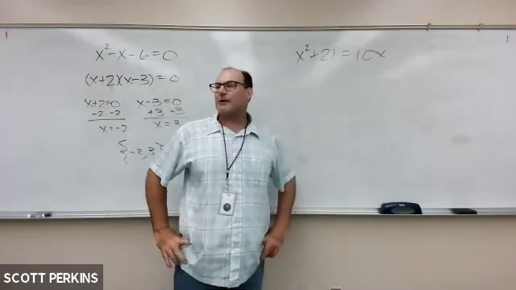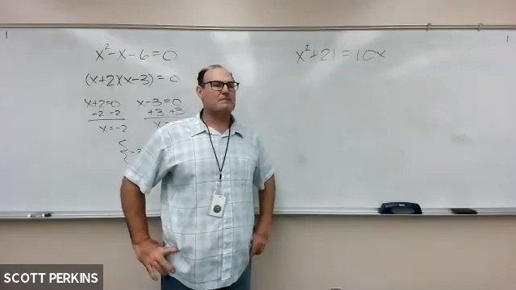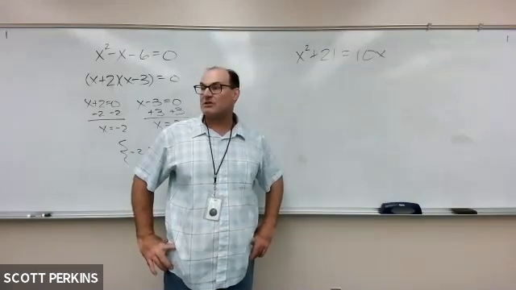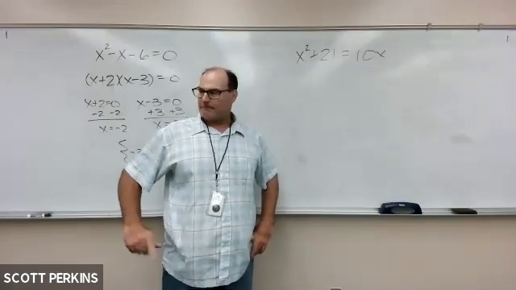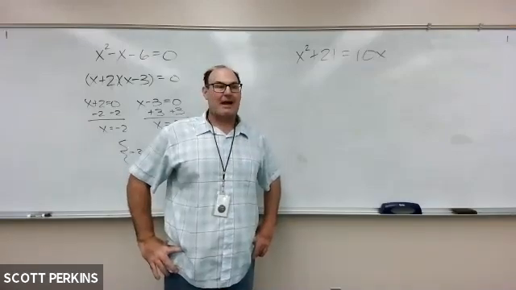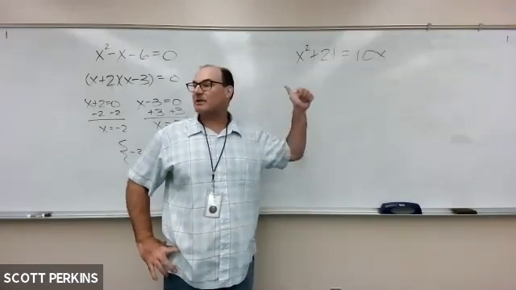Is this one equal to 0? No. So what's my first step? What do I have to do here first? Well said. I've got to subtract the 10x from both sides. I have to bring it over to the left with the other terms.